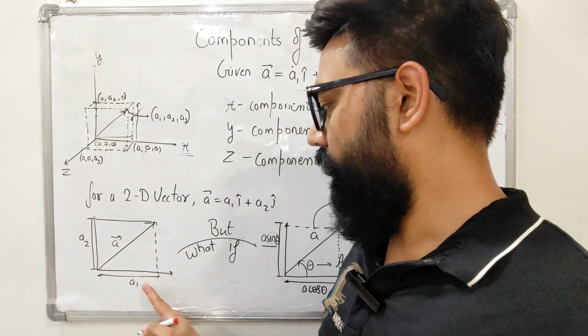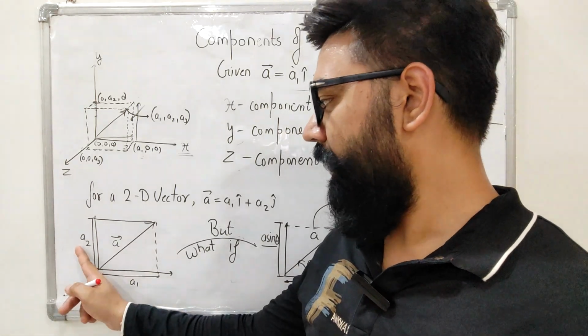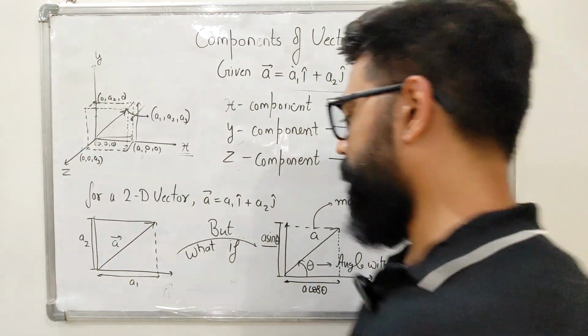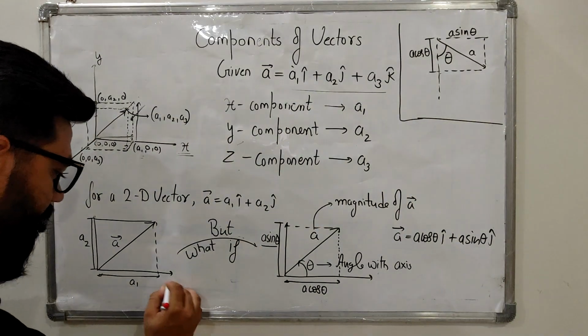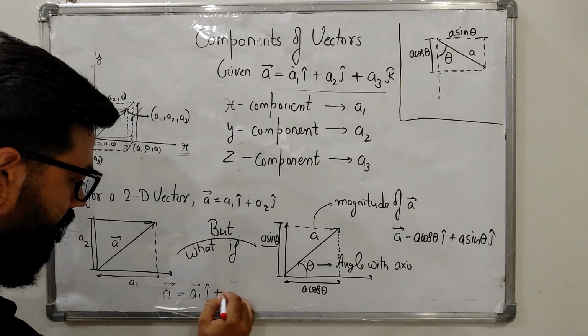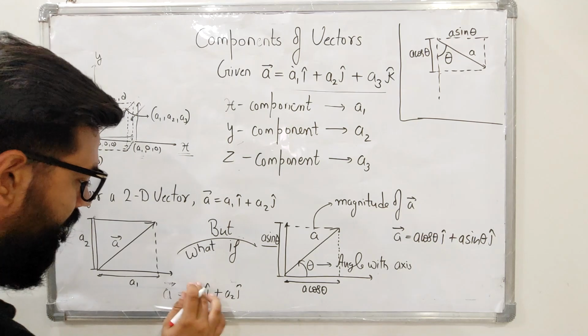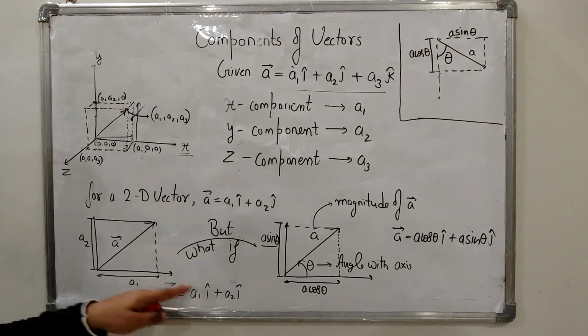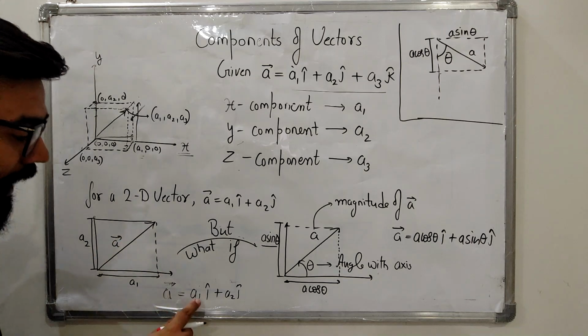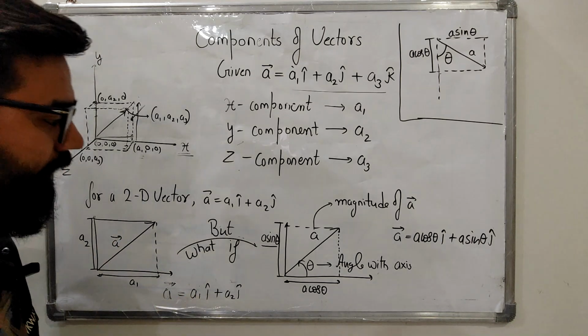So in the x direction it would be a1 i cap and in the y direction it would be a2 j cap. So this vector can be written as a vector equals a1 i cap plus a2 j cap, right? We avoid calling these the components because a1 and a2 are treated as just magnitude, and the direction is given by i cap. Nice.